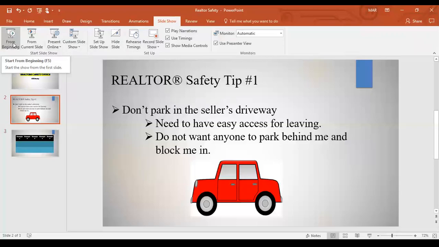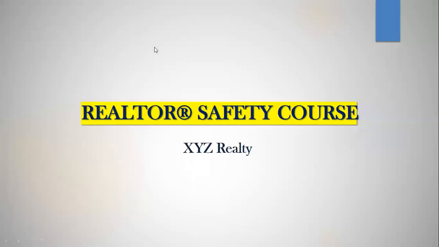So let's start from the beginning, and you'll notice that you have our title slide. And in order to navigate the slides, you have one of 2 options. You can either use what's called a presenter tool, which everybody uses, which has a clicker, and it has arrows. Or you can still use the keyboard. So on the keyboard, you have your right and left arrows.